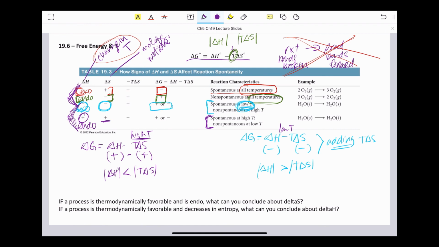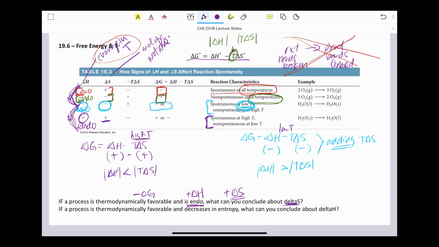So if a process is thermodynamically favorable, which means negative delta G, and endo, which means positive delta H, what can you conclude about delta S? Well, in order for delta G to be negative, if delta H is positive, that means it must be a positive delta S, because that's the only scenario where a positive delta H could produce a negative delta G, yes?